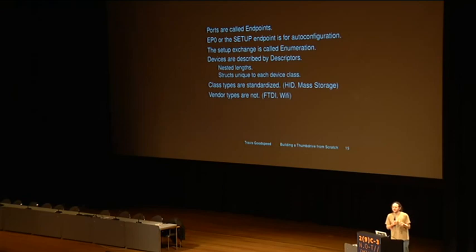The setup exchange is called enumeration, and this is how the host decides what driver to load for your USB device. Devices are described by descriptors, which have nested lengths and structures which are unique to each device class. So these become difficult to parse, and quite often you can get crashes by just playing around with the nested length fields. Now the class types are standardized.